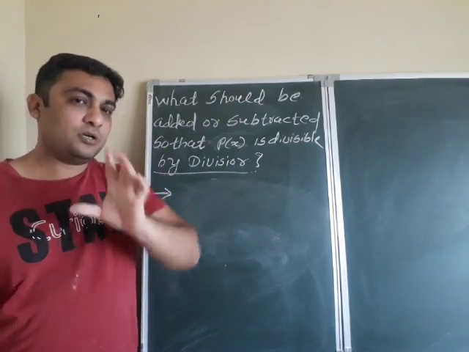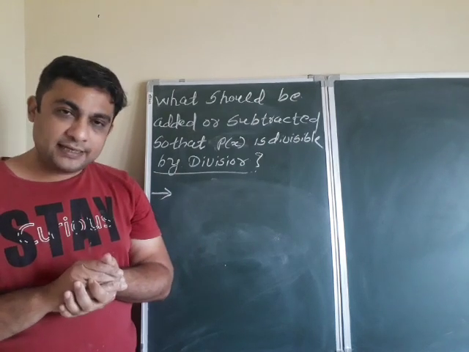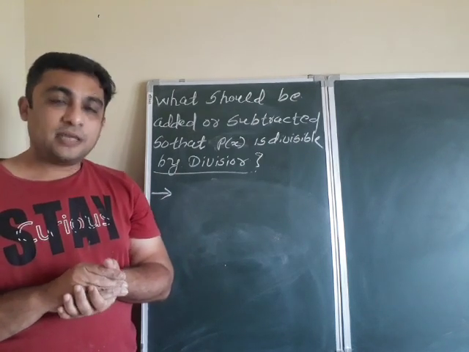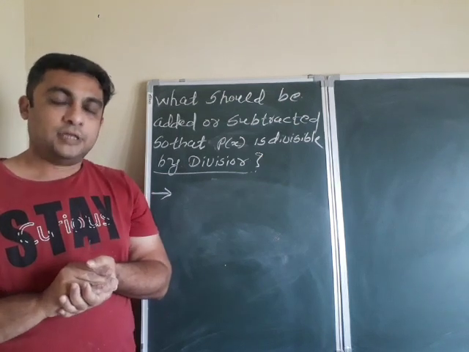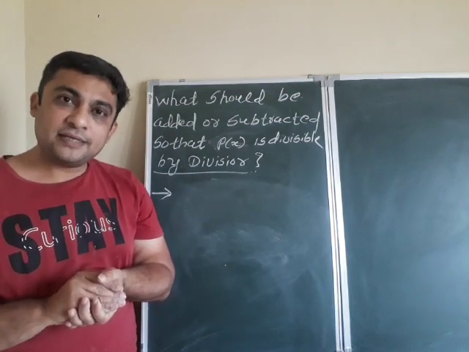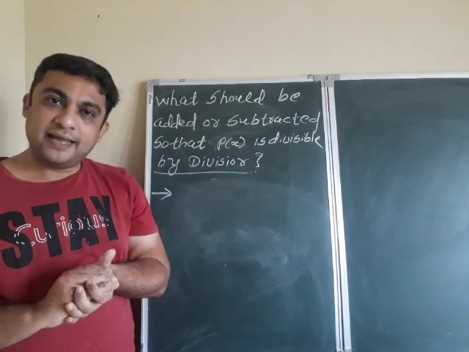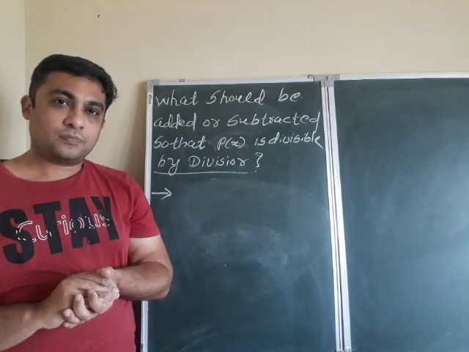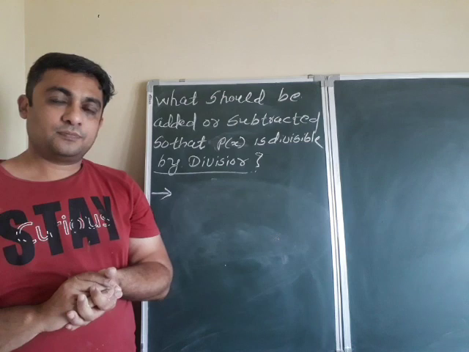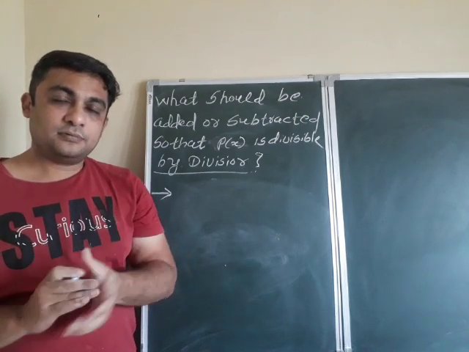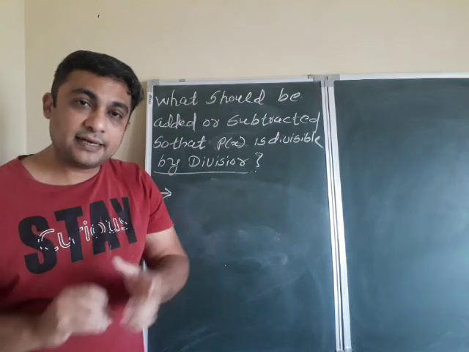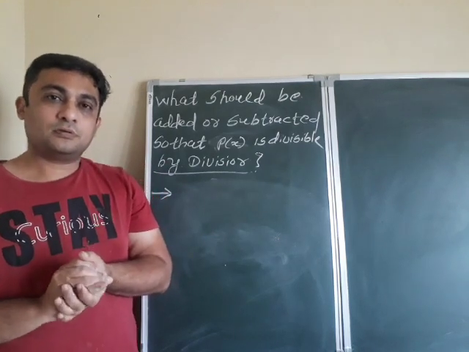Now write down number 2. In case remainder is not 0, then it is subtracted from p of x.